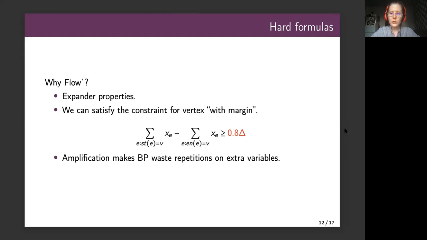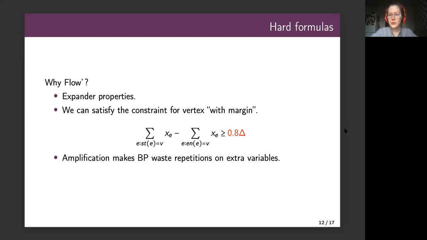So if we look only at assignments that assign only variables incident to this vertex, then all the assignments with this property are very similar to each other. They all have a lot of outgoing flow, and they intersect on a lot of values of variables. So we would like to combine those assignments in some nice way, and a bit later we will see how this plays out.